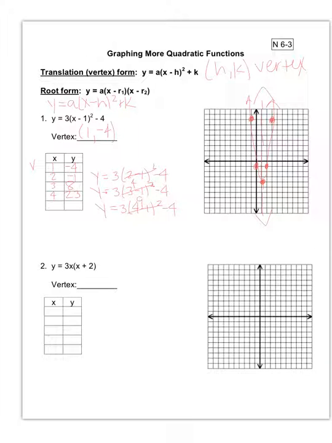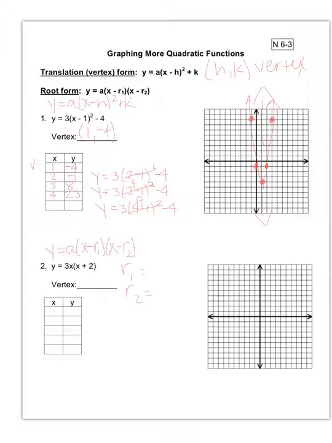Okay, so if you look at number 2, notice that this is not in vertex form because we have two different x's. So this is root form. y equals a(x minus r1)(x minus r2). Okay, so let's figure out what our roots would be.